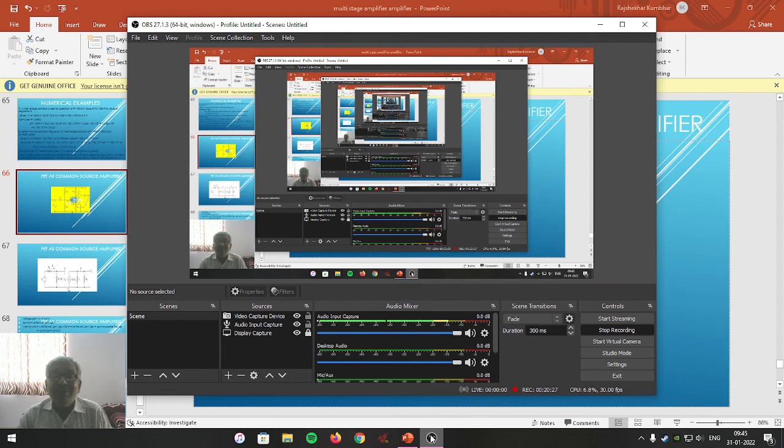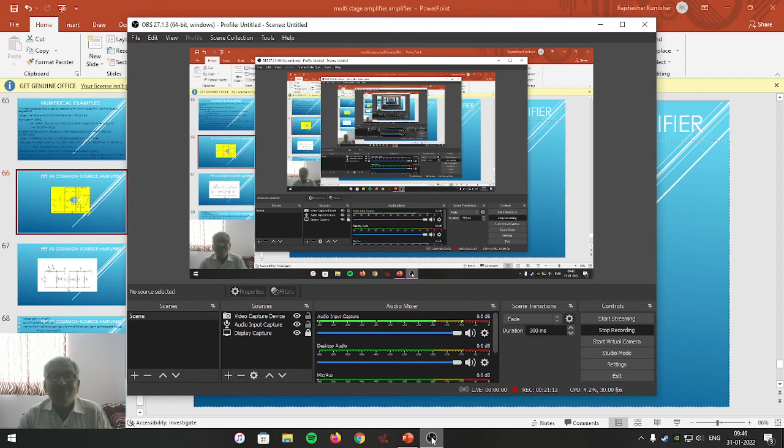Friends, here we are completing almost all your amplifier topic, where we have covered the meaning of amplifier, types of amplifier, difference between voltage amplifier and power amplifier. We have studied the basic amplifier circuitry. We have studied the different configurations of BJT amplifiers, that is common emitter, common base, common collector amplifiers, their DC and AC analysis.